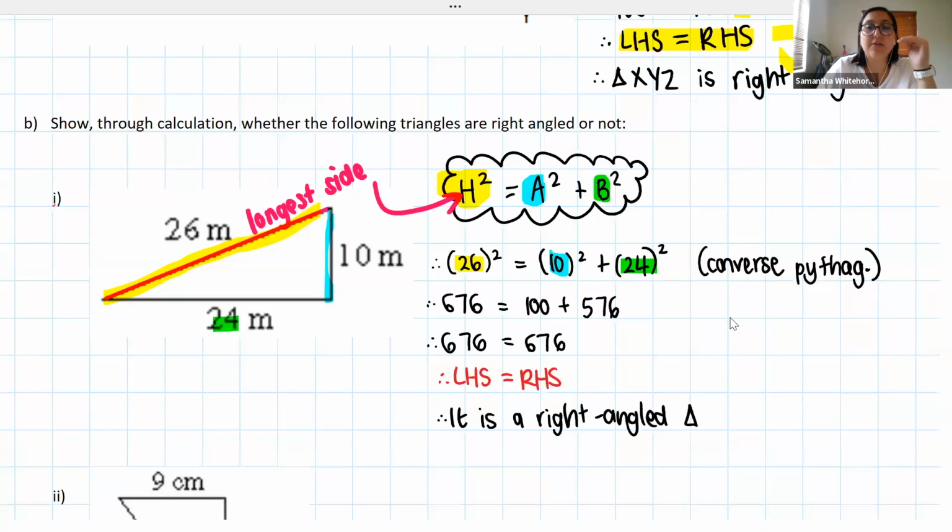Leto, exactly. If the left-hand side is not equal to the right-hand side, it's not a right-angled triangle. We will do an example like that. I actually might just do that example next. But exactly, if it's not equal, not right-angled.